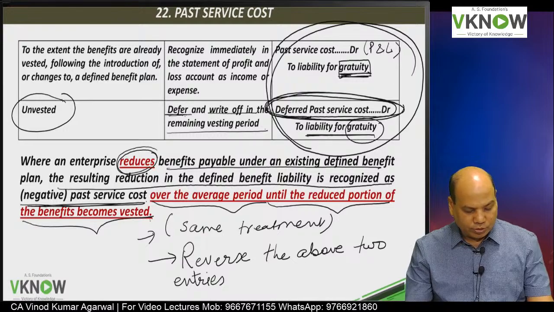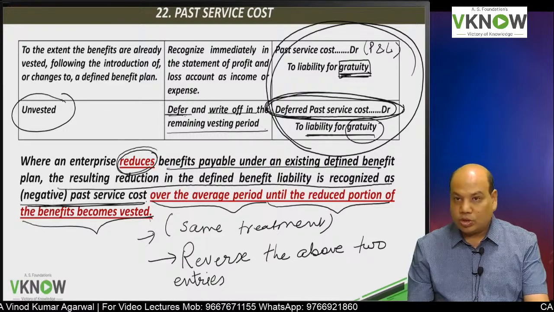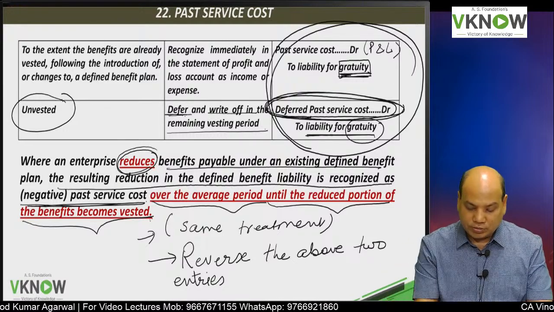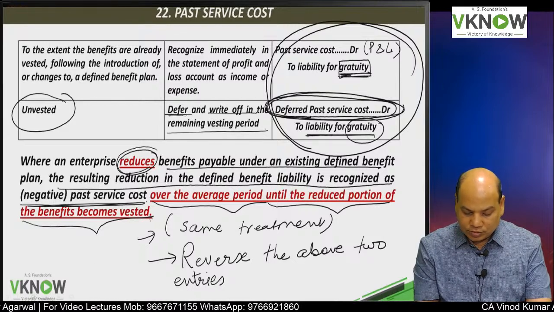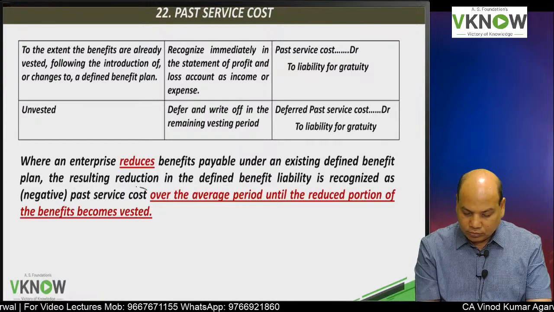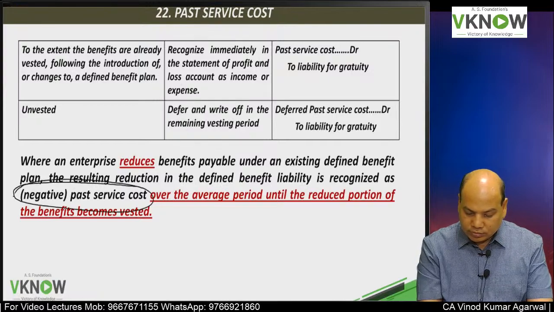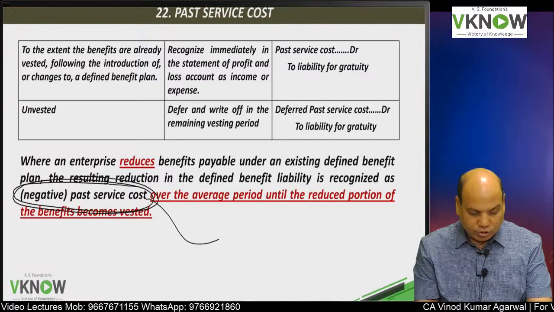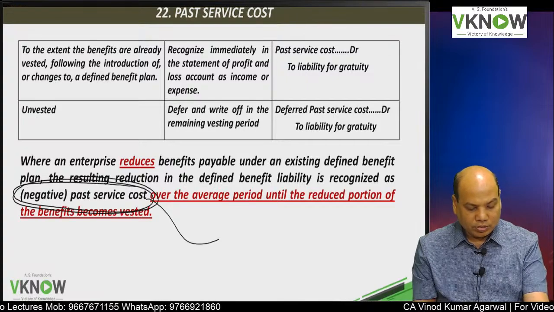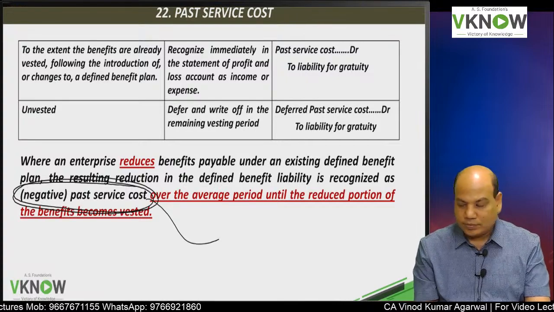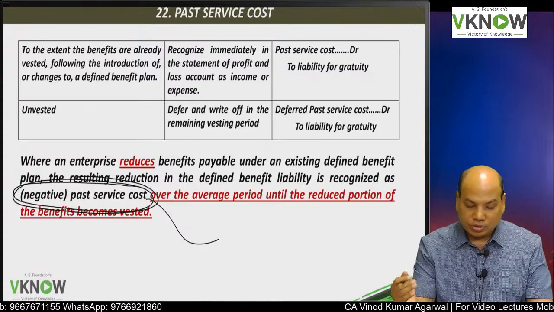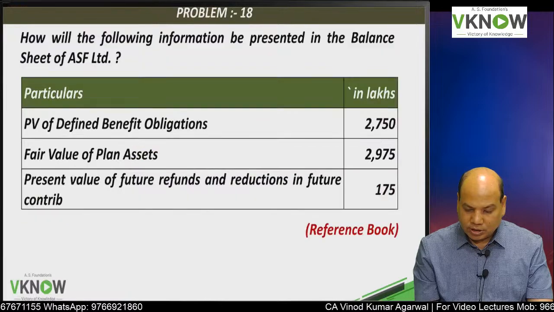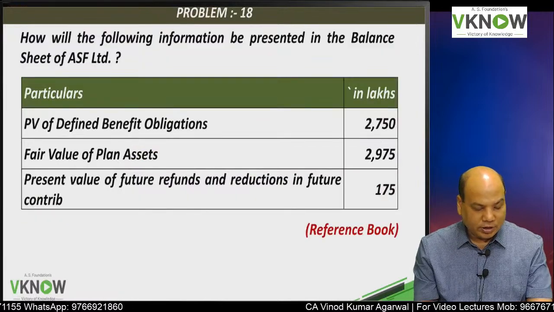Now good news for you, the institute has never asked a question on negative past service cost. Never ever has a question been asked on negative past service cost. The reason being, generally the liability increases, not decreases. But yes, we should be ready with the answer.